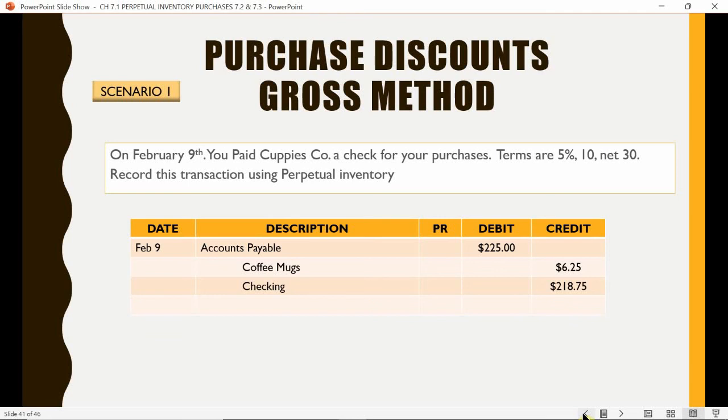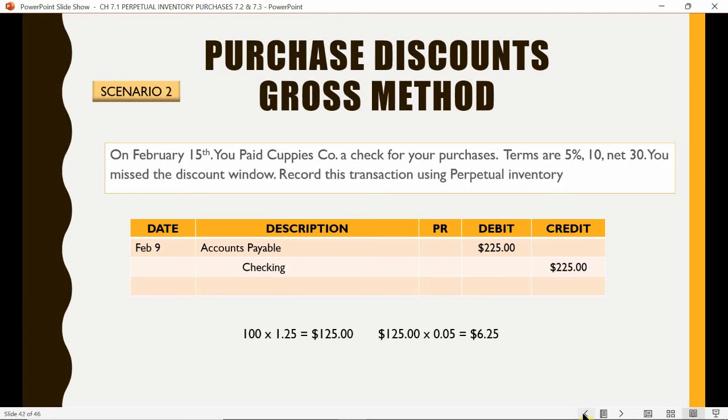My discount was $6.25, so I have to take that out of my inventory because I've already placed my inventory at full price. Now that it's discounted, I didn't pay for my coffee mugs at full price, so I take it out of my coffee mugs. And of course, if you end up missing the payment or the discount period, you just end up paying for what you owe. Okay.